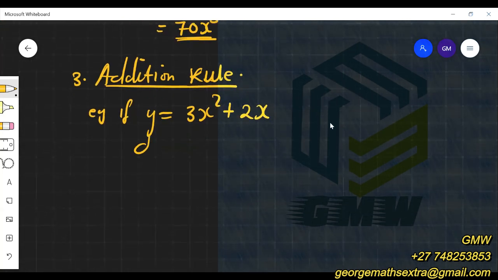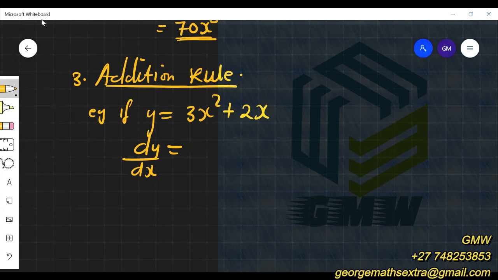For you to get dy/dx, by the way, it means we are differentiating y with respect to x. When we are saying the addition rule, you just apply the power rule here and also here.